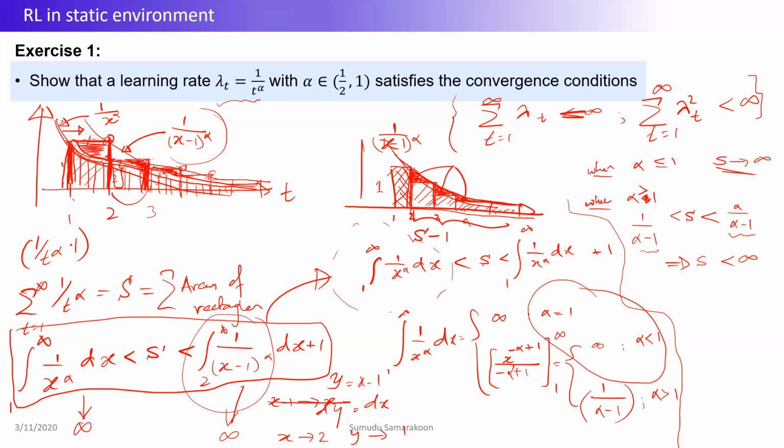Here S diverges. These two results give the choices of alpha that result in the summation diverging and converging. Now if we look at our convergence conditions, it says the summation should diverge, right? In order for the summation to diverge, we need alpha to satisfy this condition.